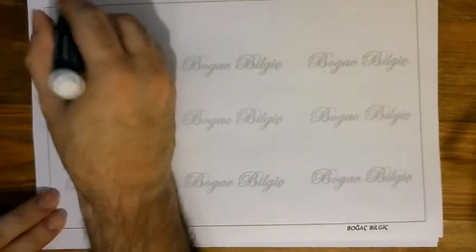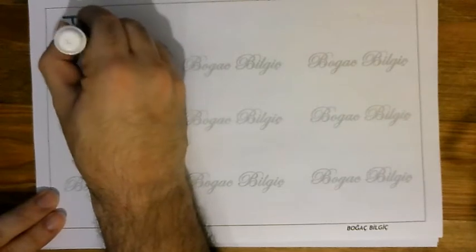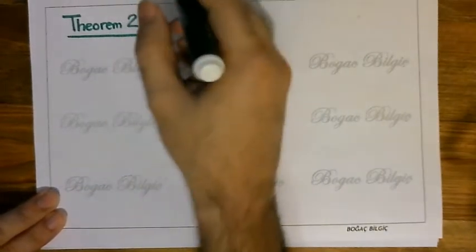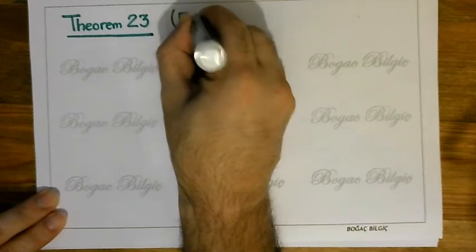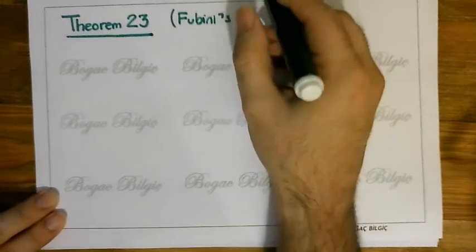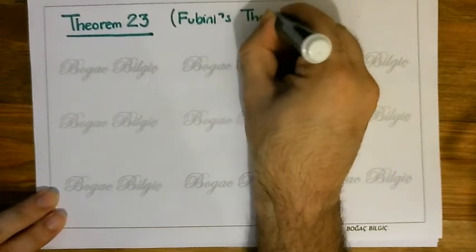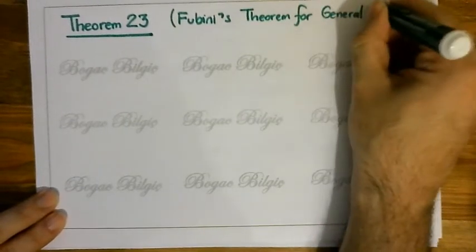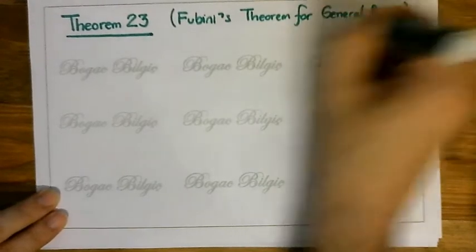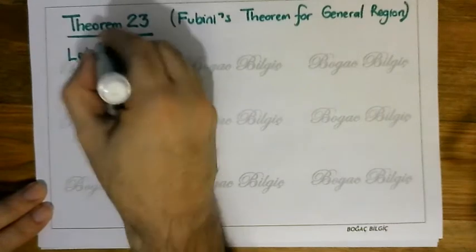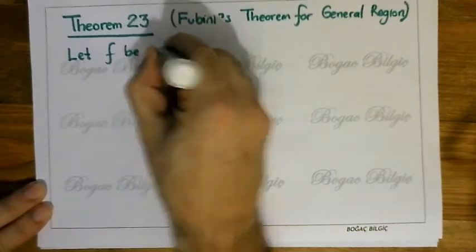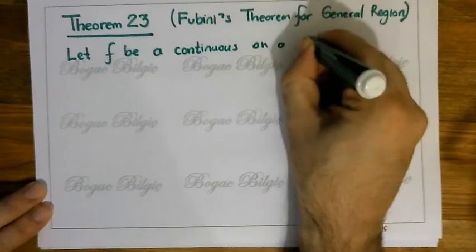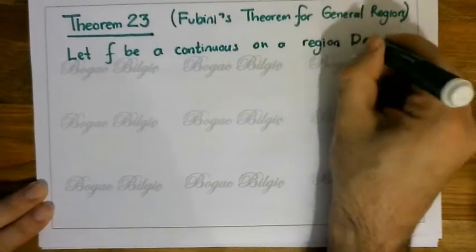Theorem 23, Fubini's theorem for general regions. Let f be continuous on a region D. 1.